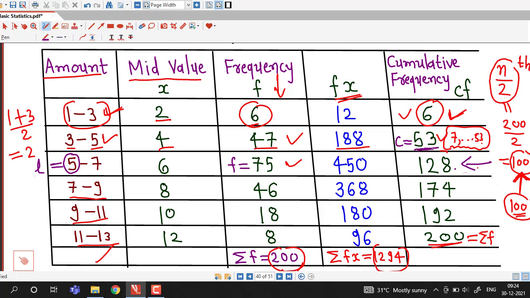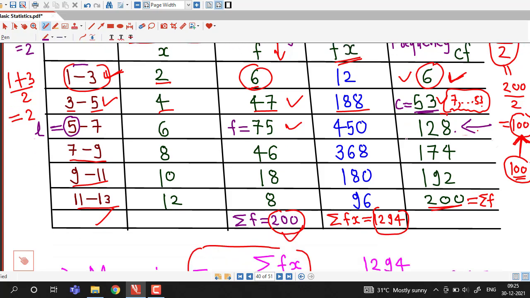So the value of C is 53. And the class size we can decide by taking the difference between upper limit and lower limit of each class, which is 2. So the value of H is 2. So L is 5, F is 75, C equal to 53, and H equal to 2.